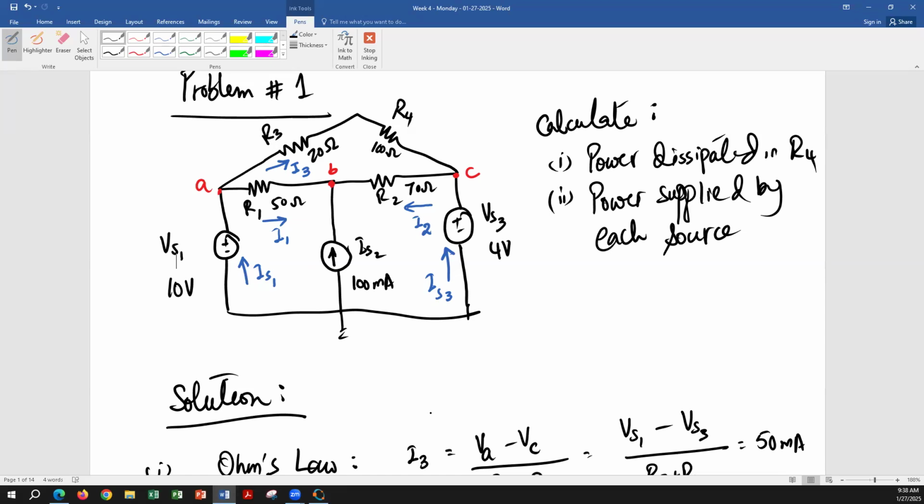No, IS3. I'm talking about IS3. What is IS3 in terms of the currents that are shown on the circuit?